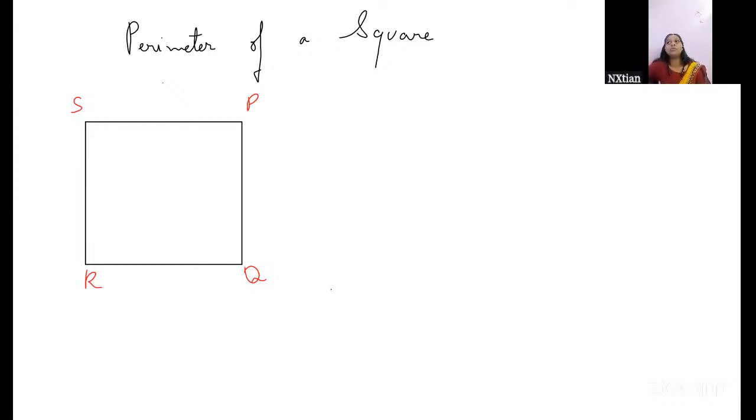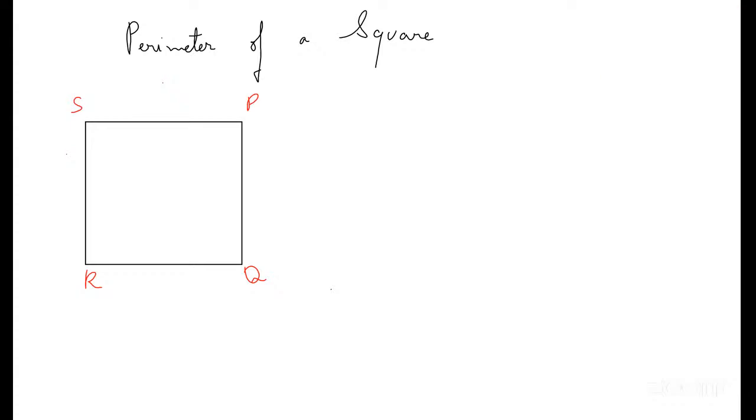Okay. Now we know that a square has 4 sides, and all the 4 sides are equal in measure. Even if it's centimeter, all the sides will be the same centimeter, or if it's meter, all the sides will be the same measure of meter.